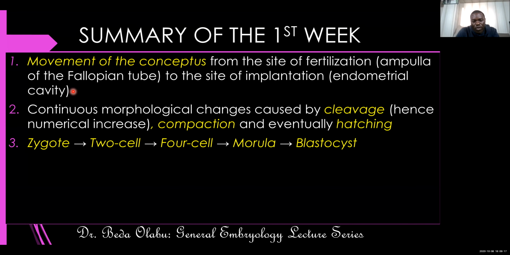Importantly, if you look at the morphological stages, we have the zygote, which is a single cell seen on the first day, then 2-cell stage, which is seen either on the first or the second day, 4-cell stage, which is seen on the second day, the morula stage, which is 12 to 32 cell stage, seen between the third and the fourth day, and thereafter the blastocyst stage, which is seen between the 5th day, actually up to the 8th day of development, except that on day 5, we talk about the early blastocyst, and later on the late blastocyst.